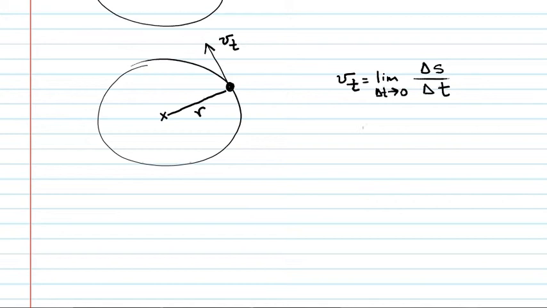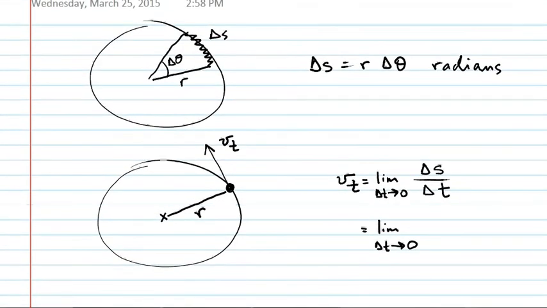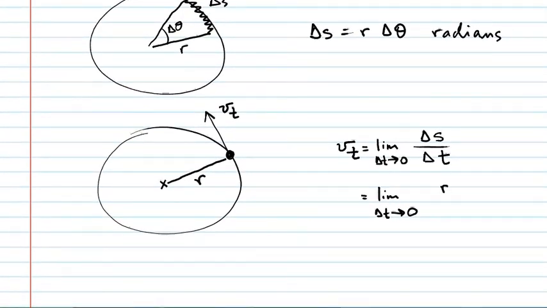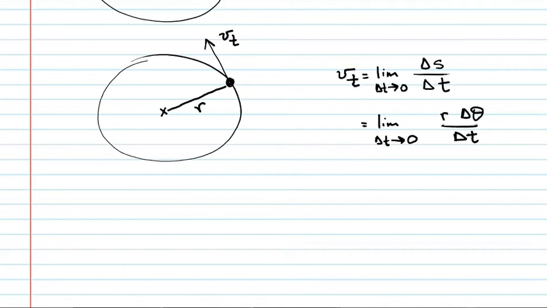In any case, we have the limit as delta t goes to 0, and the delta s from above was equal to r delta theta, divided by the elapsed time. The r is not changing in time, so it can be pulled out front. So we have r times the limit as delta t goes to 0. If dealing with the limit doesn't suit you, it's not something you need right here; it's just making the math a little more formal.